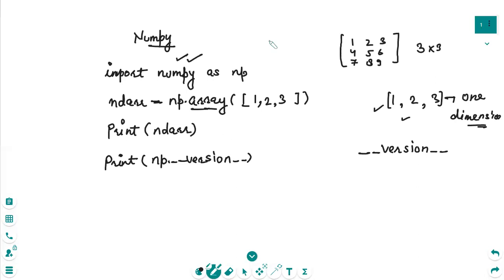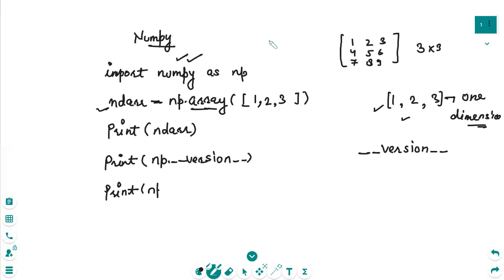And there is an attribute to check the dimension of an array. Print, np. Sorry, this is the array, right? So you will call the array which you have created here, and store it in a variable.